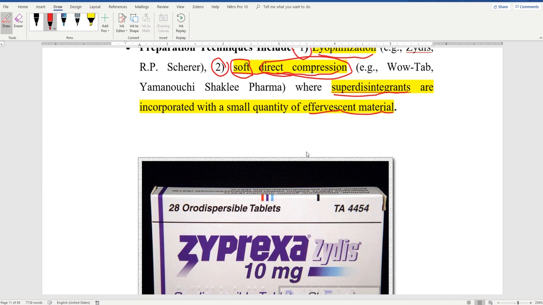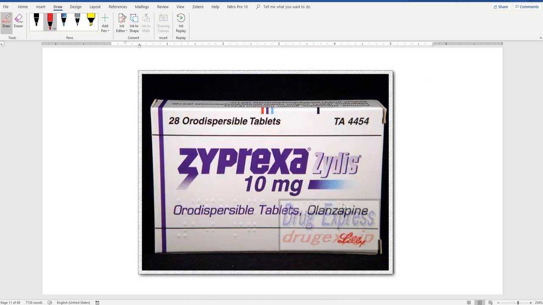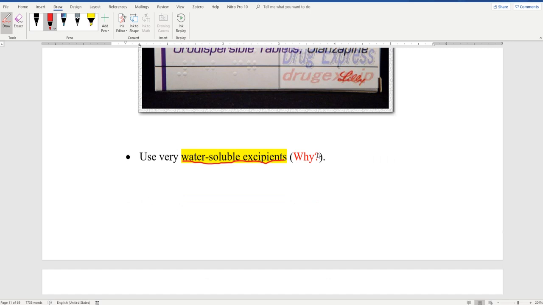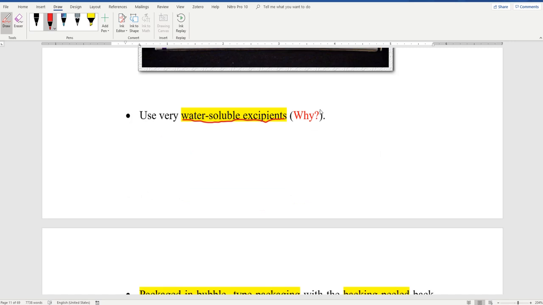Water soluble. Of course what about the drug? Now the drug might not be water soluble, but anything else needs to be water soluble, so that it doesn't prevent the drug, the saliva or the moisture from getting inside. That is the answer for why.